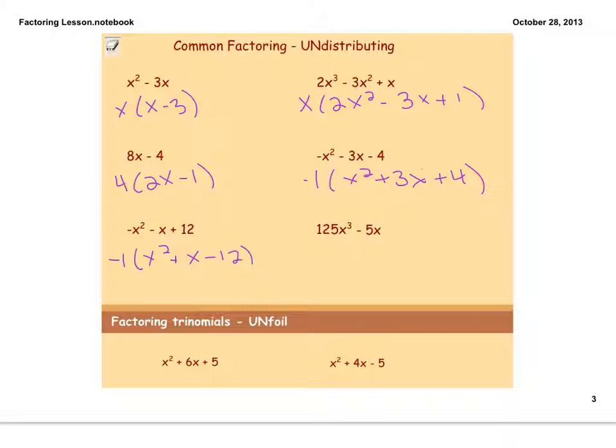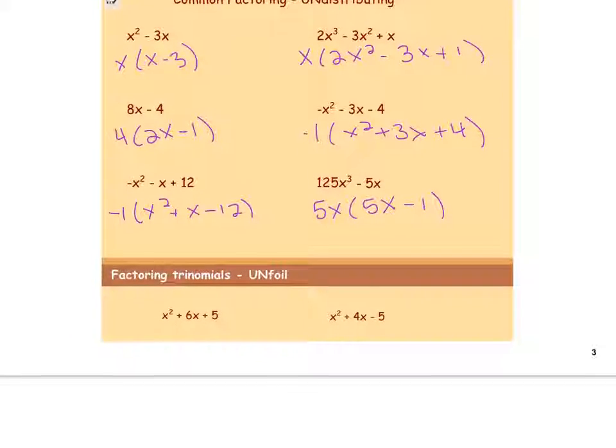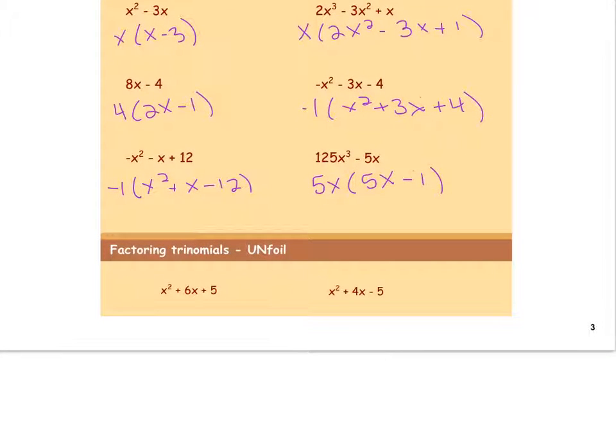And then the last of these common factoring, there's both a constant and a variable that I can factor out. So I'm left with 5x minus 1. So make sure that you are looking for common factors first. That's the first thing you want to look for before you worry about factoring anything else.